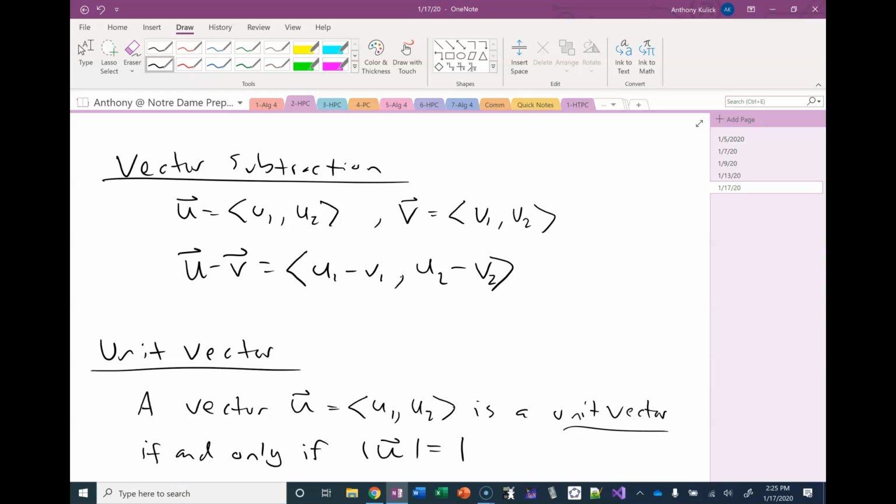So we say a vector u is a unit vector if and only if the magnitude of u is 1.